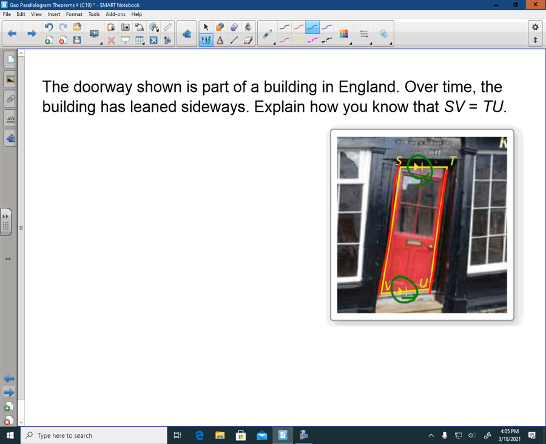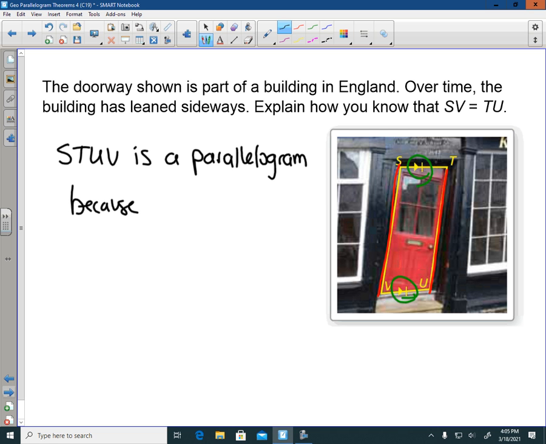And so what we can say is this: STUV is a parallelogram because ST is congruent to VU and they are parallel.